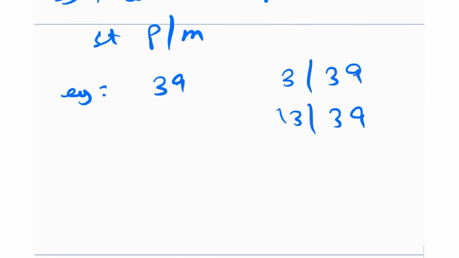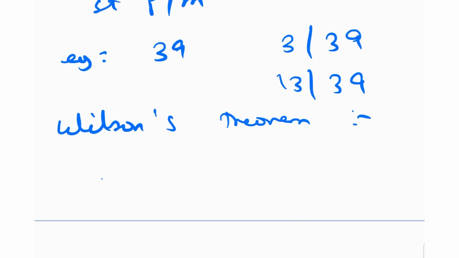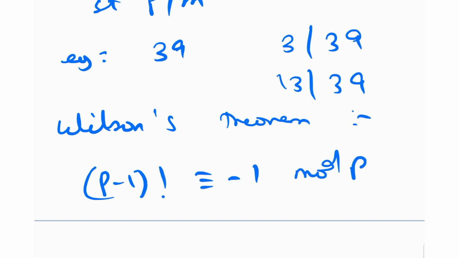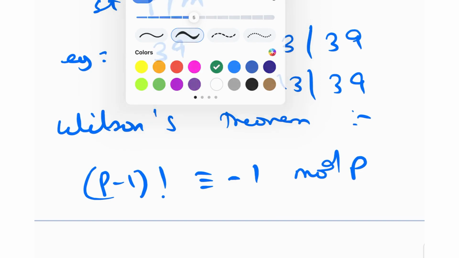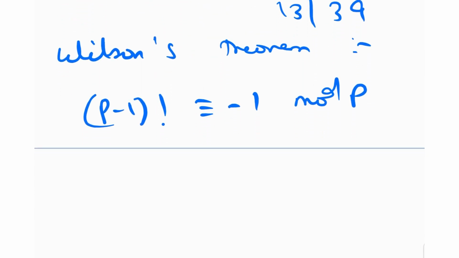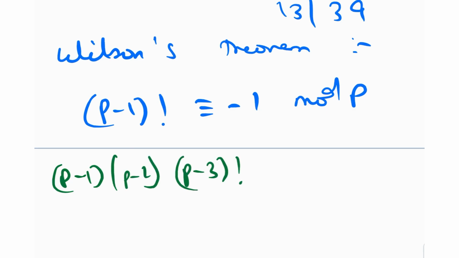Now we'll use something called Wilson's theorem. And what is Wilson's theorem? Well, it's pretty clear: (p minus 1) factorial is congruent to minus 1 modulo p. Awesome. I can write (p minus 1) factorial as (p minus 1)(p minus 2)(p minus 3) factorial, congruent to minus 1 mod p.